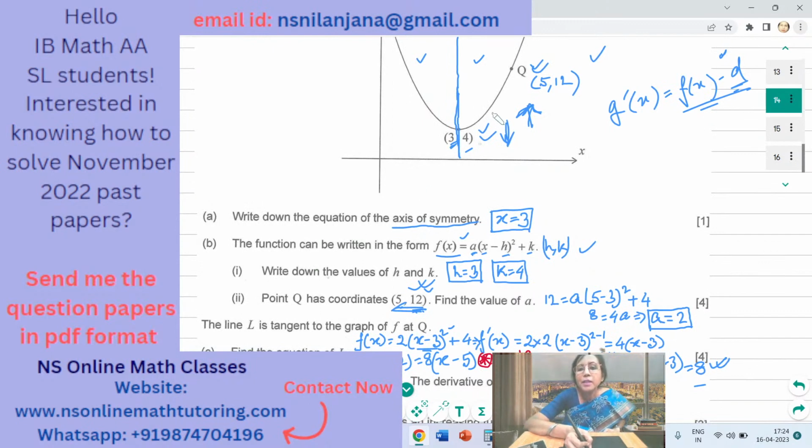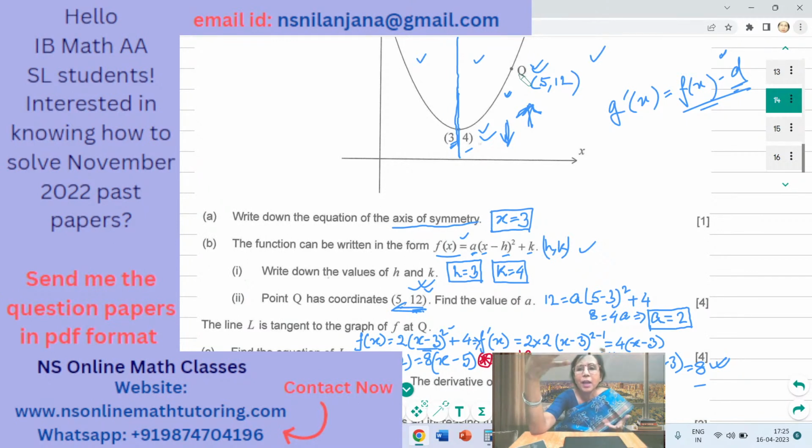It will be increasing function if and only if, even after the vertical translation has taken place, the parabola is totally above the x-axis. Only then g dash will be greater than 0. If it is above the x-axis, then only the g dash x values will be greater than 0, and then only the g of x will be an increasing function. So even after the vertical translation, the parabola should be above the x-axis.